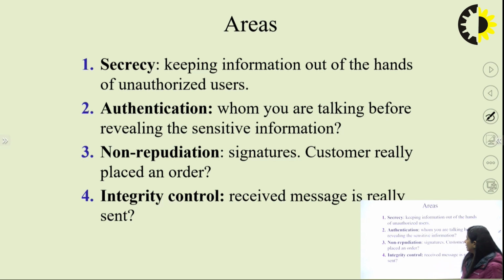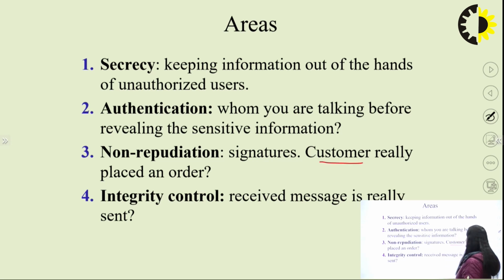The various areas include secrecy, keeping information out of the hands of unauthorized users. Second, authentication, that means whom you are talking to before revealing sensitive information. Next, we can have non-repudiation, that is signatures.